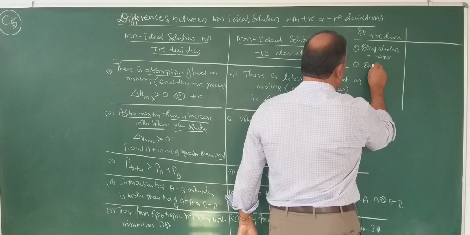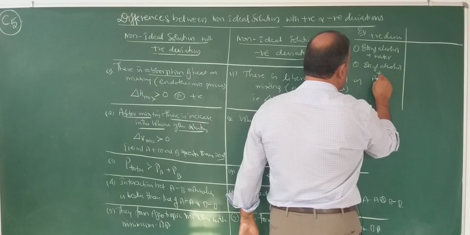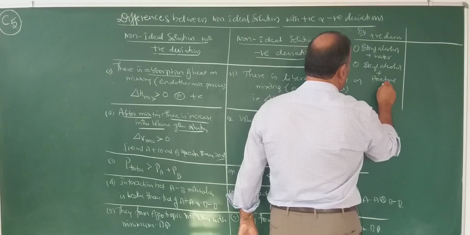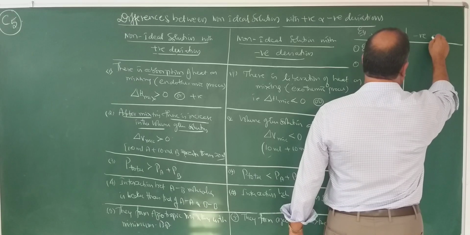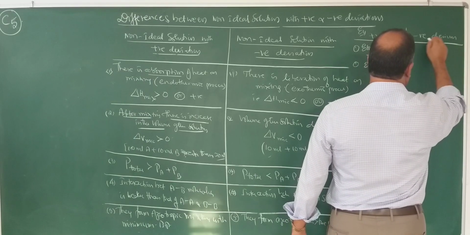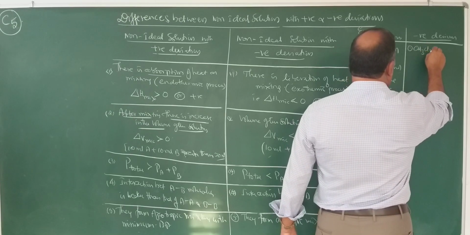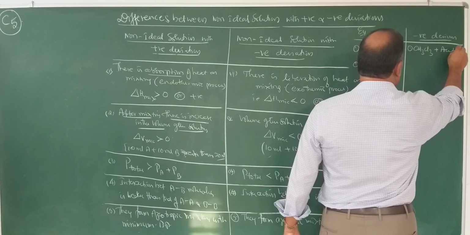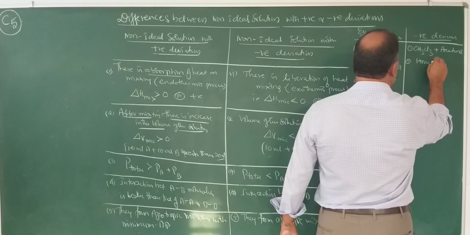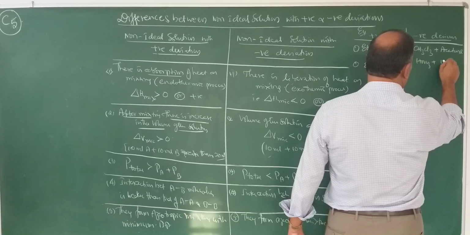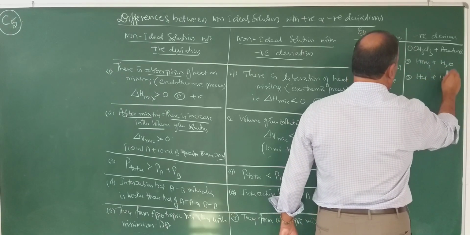Number 2, ethyl alcohol plus acetone, etc. Coming to examples for non-ideal solution with negative deviation. Number 1, chloroform plus acetone. Number 2, HNO3 plus water. Number 3, HCl plus water.